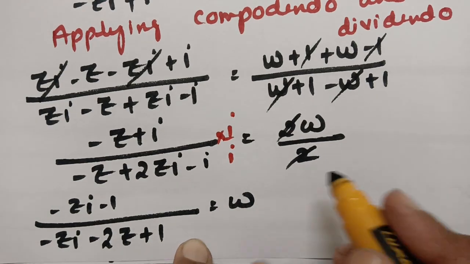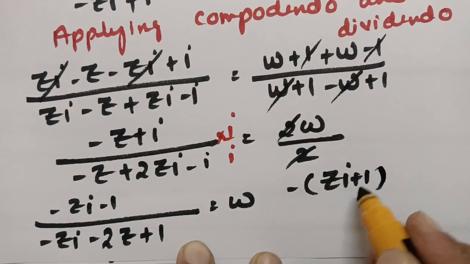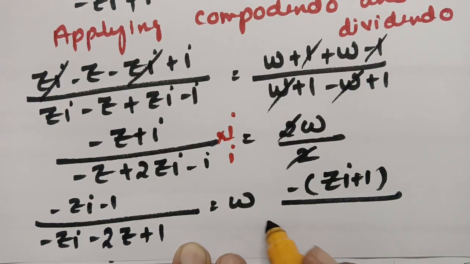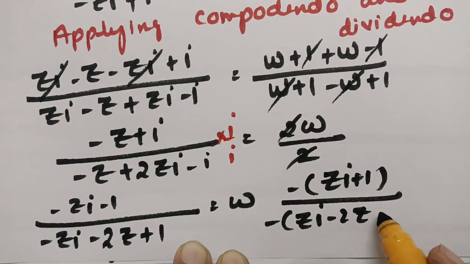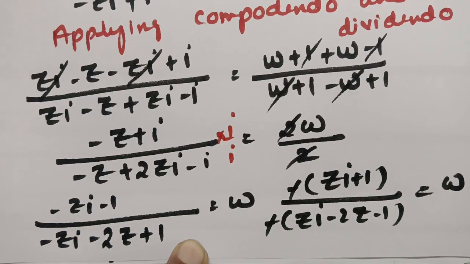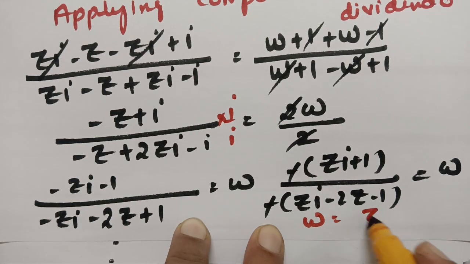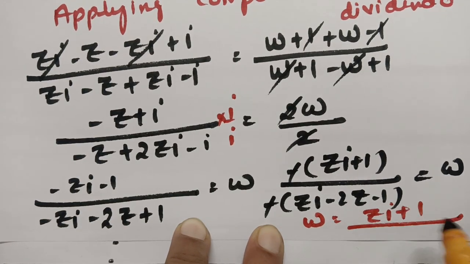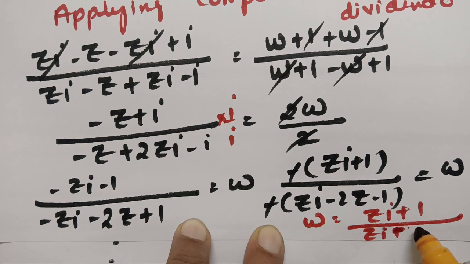Now if I take minus common in the numerator, this will be zi plus 1. If I take minus common, this will be zi minus 2z, and this is minus 1 is equal to w. So now if I cancel minus on both sides, our w value is equal to zi plus 1 by, sorry, this is minus 2z.